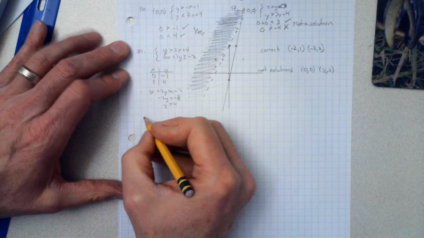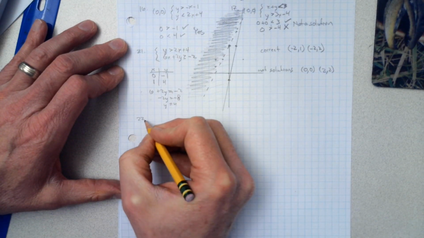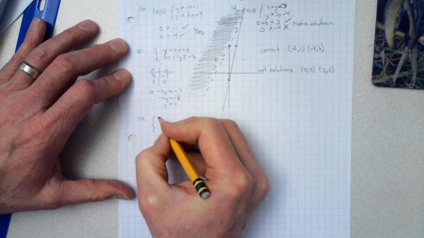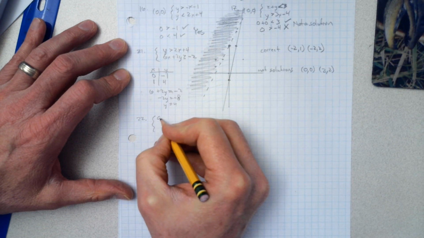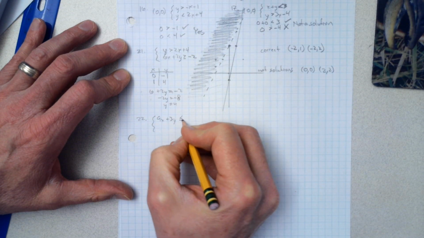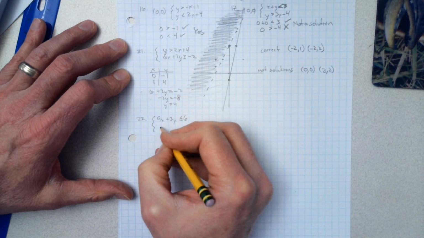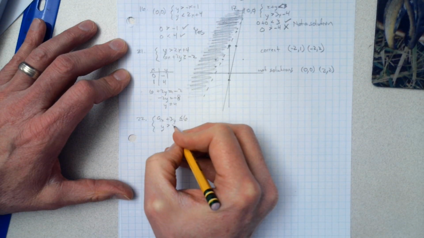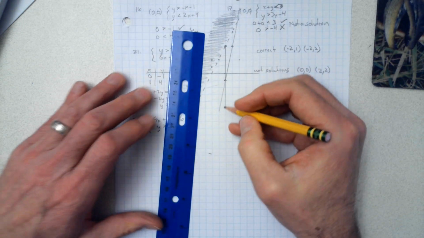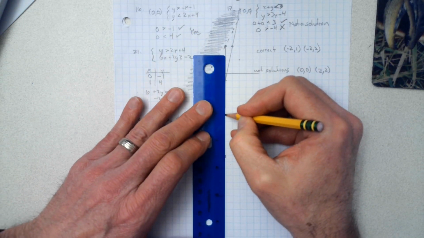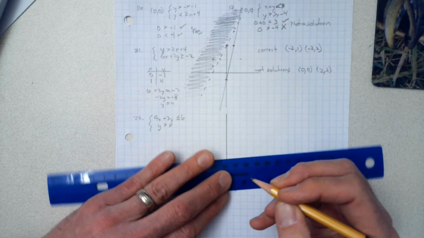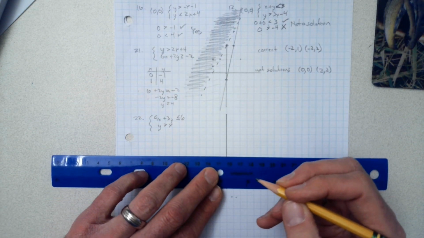I'll try to adjust that for problem number 22. The system it's giving me there is 9x plus 3y is less than or equal to 6, and y is greater than x.